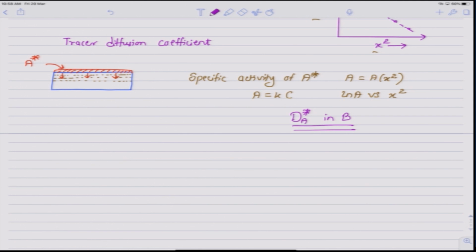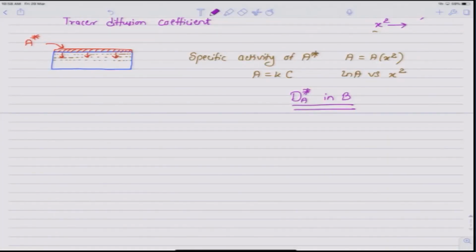If the diffusivity is larger, a large enough diffusion zone is created, and so we can go for mechanical sectioning. If the diffusivity is very small, so that a very small diffusion zone is created, then one has to take the help of ion beam sputtering.